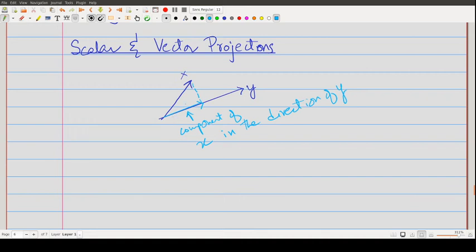Let's call this projection P. It's very easy to find P if you can find the direction in which y is going. So you need two things to define P. The first thing is you need the direction, and the second thing is that you need the length alpha.